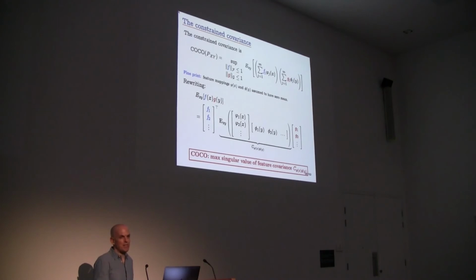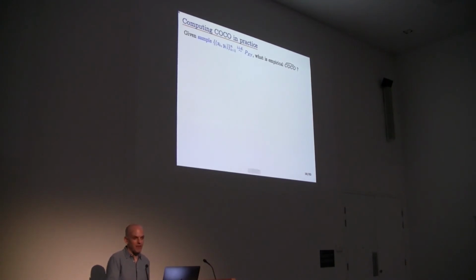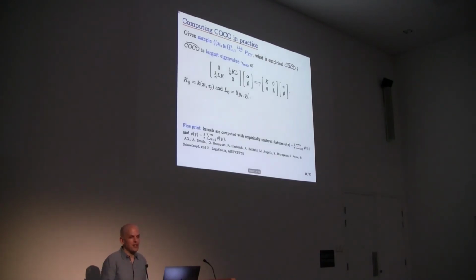So just like with MMD, it's a little awkward to deal with infinitely long vectors of coefficients and infinitely large matrices. If I have samples from x and y, how do I get the constraint covariance? It turns out, and I won't show the proof, but the proof is actually very short, that you again get a simple problem in terms of the kernels between, on one hand, the x's, so K is the kernel between every x pair, and L, the kernel between every y pair.